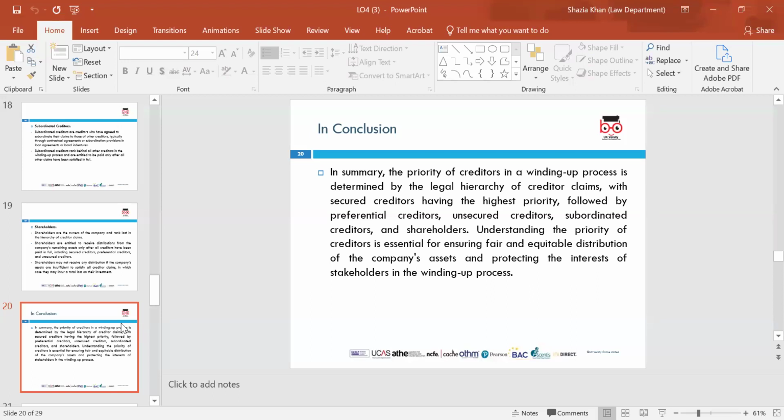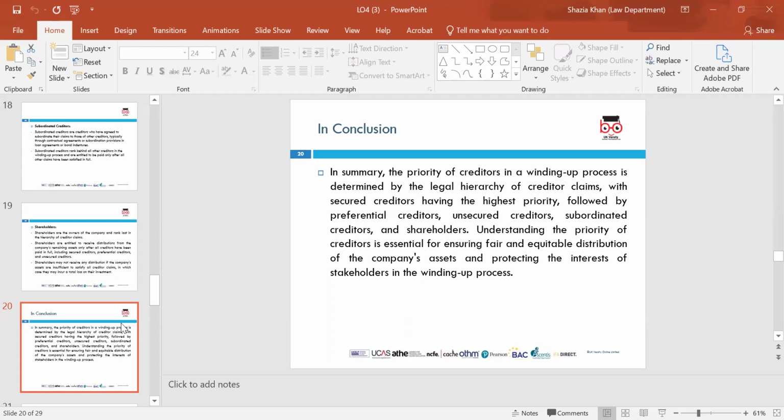Understanding the priority of creditors is essential for ensuring fair and equitable distribution of companies' assets and protecting the interests of stakeholders in the winding up process. The Insolvency Act 1986 lays down the order of priority a licensed insolvency practitioner must follow to pay the creditors' claims, and we mentioned above the hierarchy.